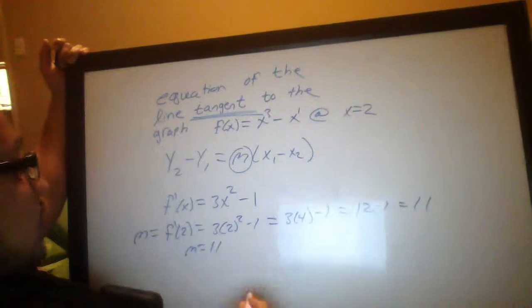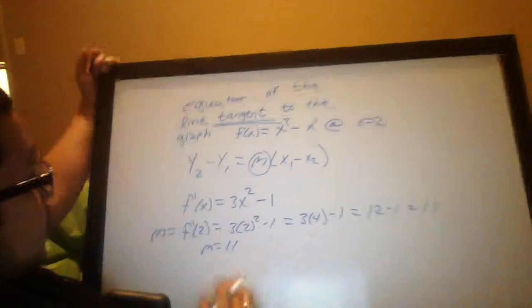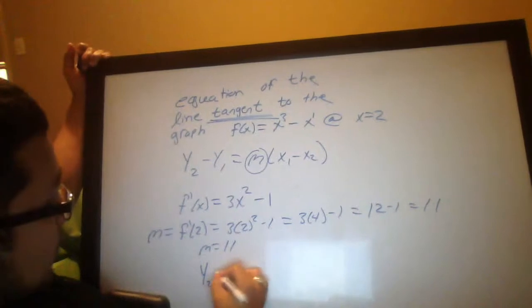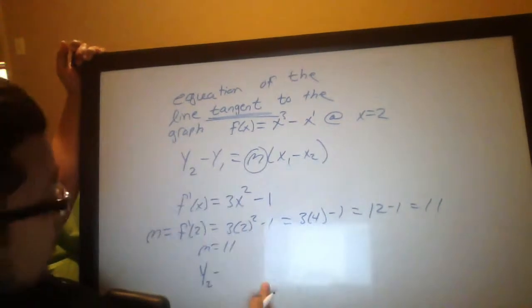So let's plug into the equation of the line. We don't know y2, so this is y2 minus y1. What is y1?